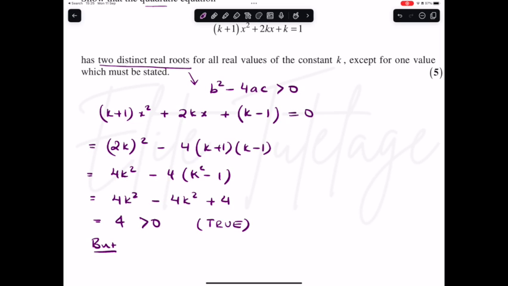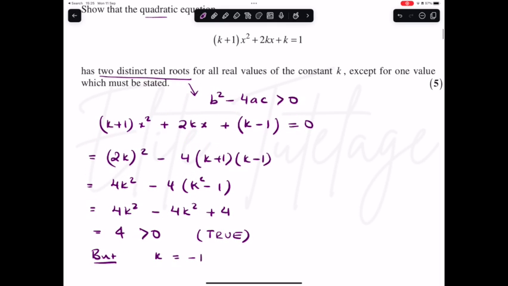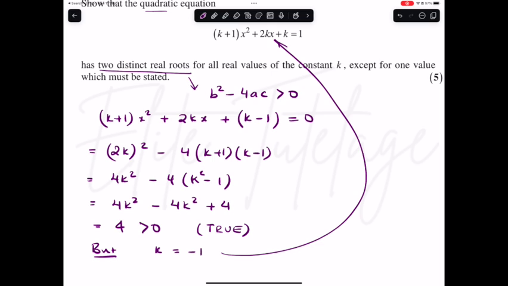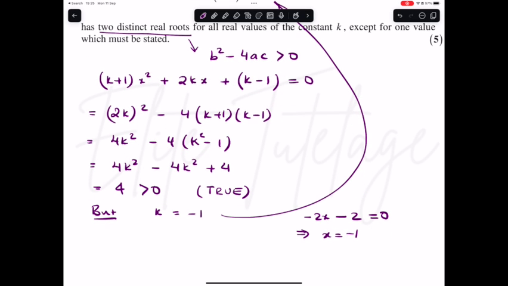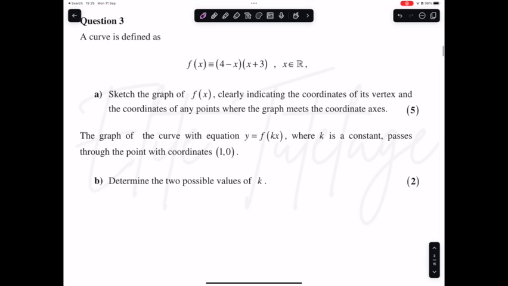So for k equals, now I tried this, and k equals minus 1 will give me, when I input that value into my expression, something like, let's say minus 2x, minus 2 equals 0. And that simplifies to x equals minus 1. So that's got one real value only instead of 2. Okay, so that's k equals minus 1.